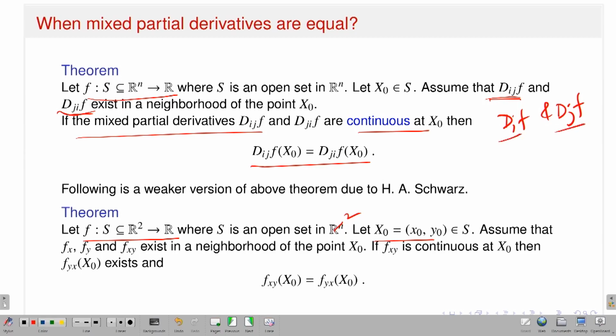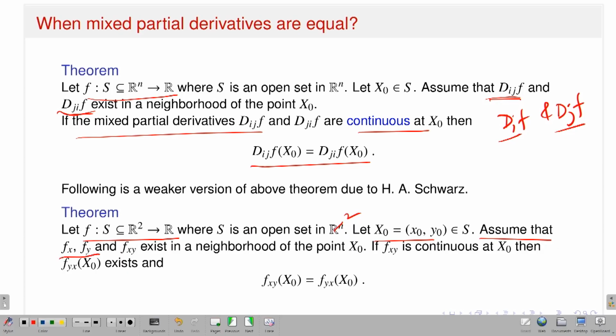So first partial derivatives of f with respect to xi and xj exist, then I can think of them as functions from some set S, a subset of Rn, to R, and then I can talk about the partial derivative with respect to xj variable and xi variable again. So if dijf and djif exist, it automatically implies that dif and djf exist, and both mixed partial derivatives exist in a neighborhood, and the continuity. Now look at this theorem. I assume that fx and fy exist.